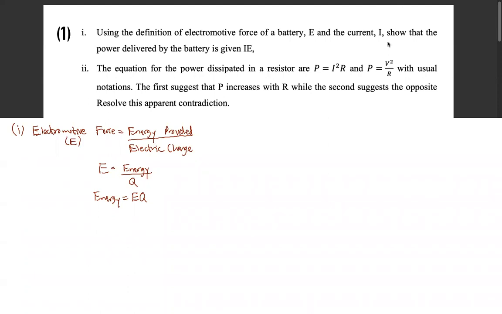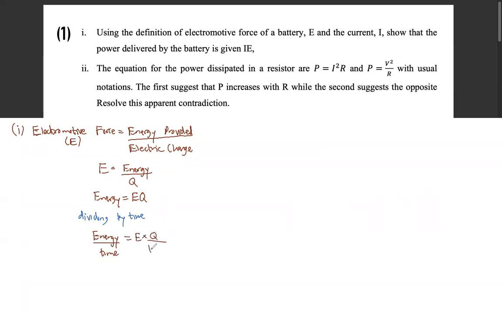Then let's divide either side by time. When you divide either side by time, you will be getting energy over time on the left side, and on the right side you will be getting E into q over t.